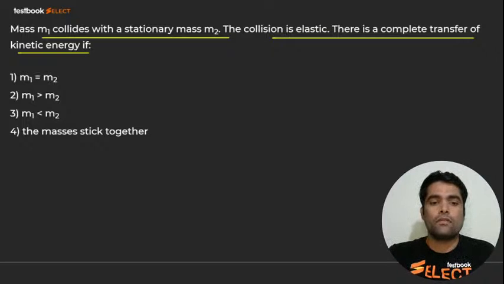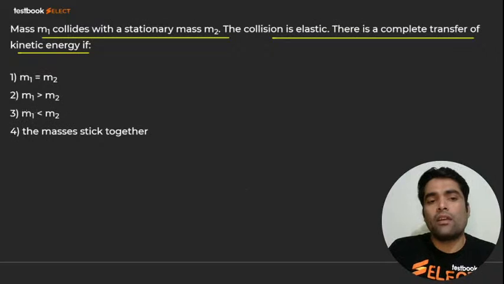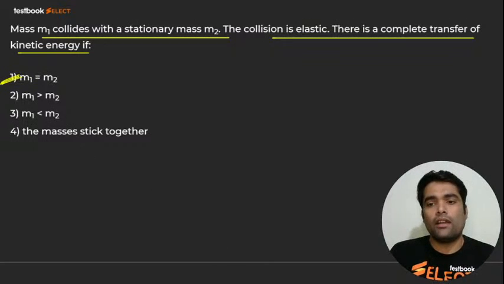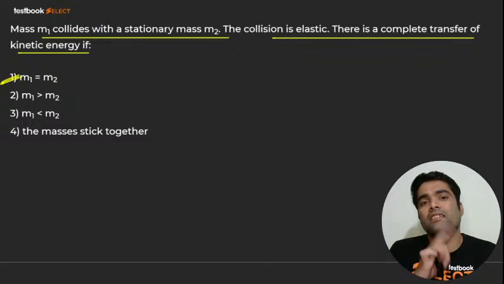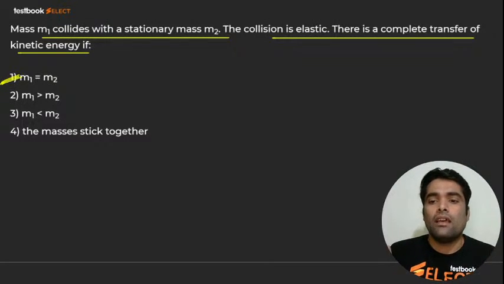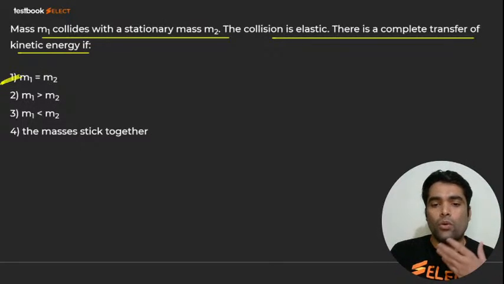It should be when the masses are equal. Very good. It should not be 0. When the masses are equal, the final velocity of the first mass becomes 0 after collision, and the initial velocity of the second mass is 0 before collision. So the velocities get exchanged, and when the masses are equal we get equal kinetic energy. Both equal. Very good.